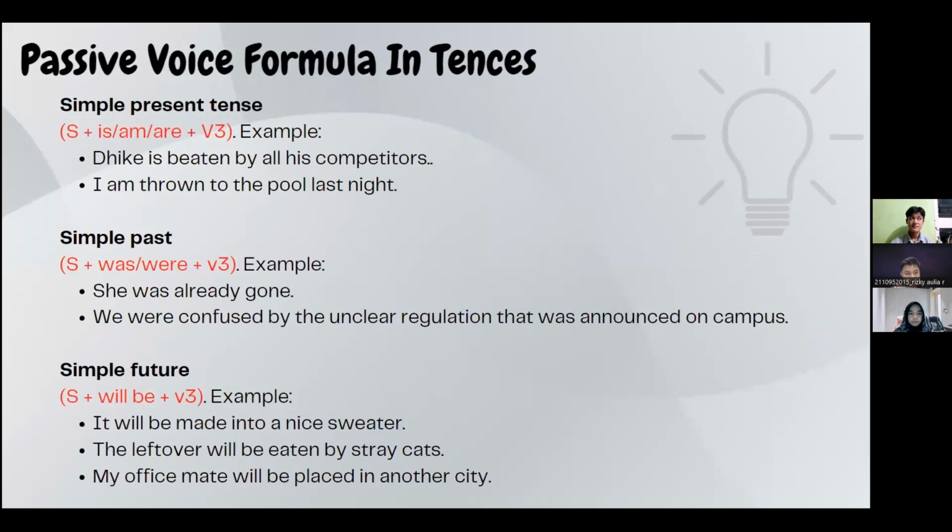The second one is simple past. The formula for passive voice is subject plus was or were plus verb 3. The example, she was already gone. The next is simple future. The formula is subject plus will be plus verb 3. For the example, it will be made into a nice sweater. Next slide.